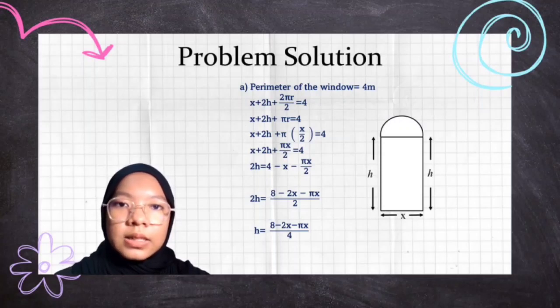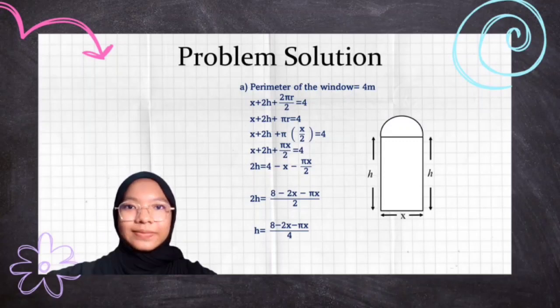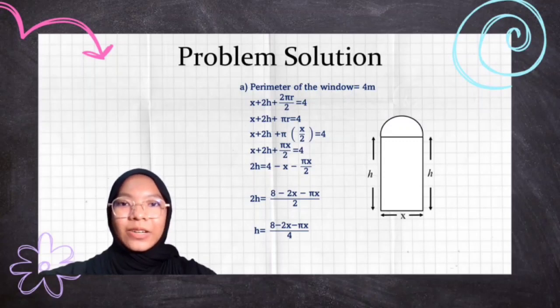After that, since we have pi x over 2, we need to multiply 4 and x with 2 over 2 so that we can equalize the denominator. In addition, we will get 2h equals 8 over 2 minus 2x over 2 minus pi x over 2. Since all denominators are the same, we can write it as 8 minus 2x minus pi x divided by 2.